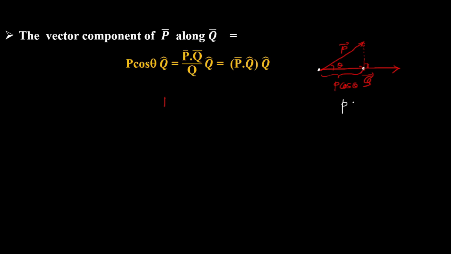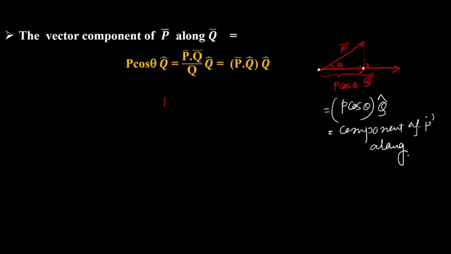If you multiply this P cos theta magnitude with the unit vector along Q, you will get the component vector along this one. This is the component of P along Q. That's why P cos theta Q cap is the component along the Q vector.